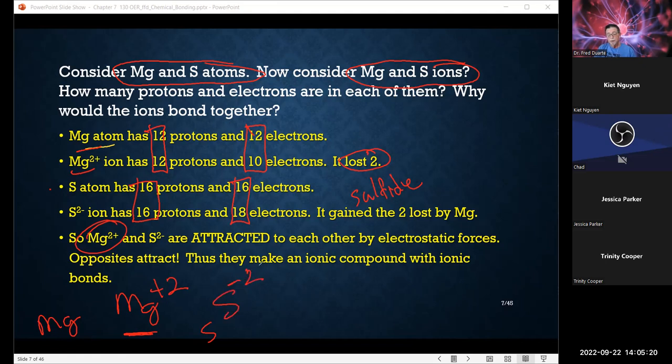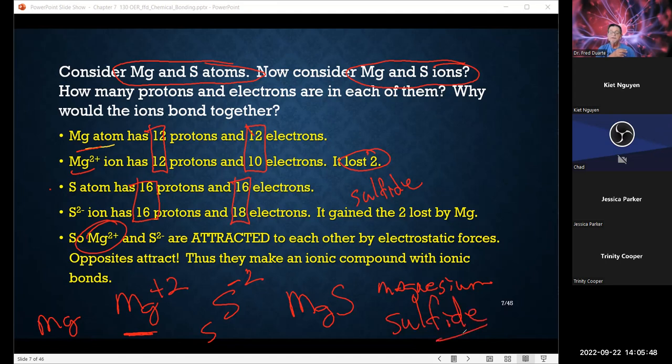Okay, now we're going to put them together because remember what I stated? When you put them together, the number of cations must equal the number of anions. So magnesium is a +2, the sulfide now is a -2. We can write the formula straightforwardly as MgS. The name is magnesium sulfide.